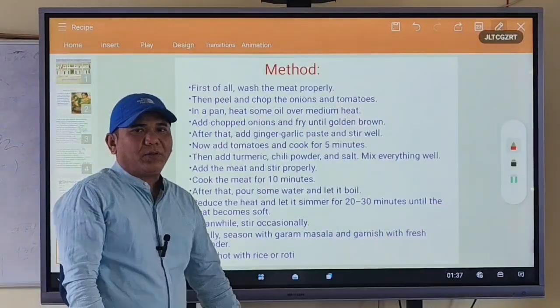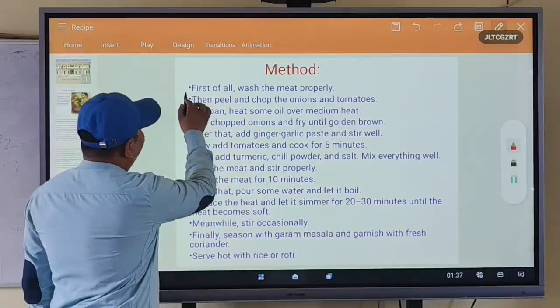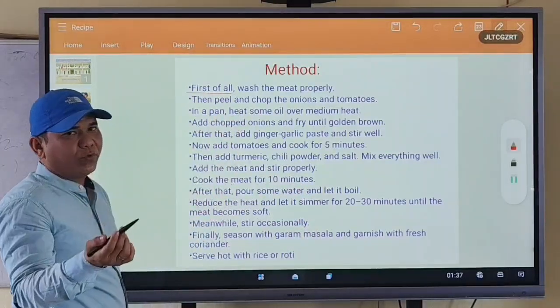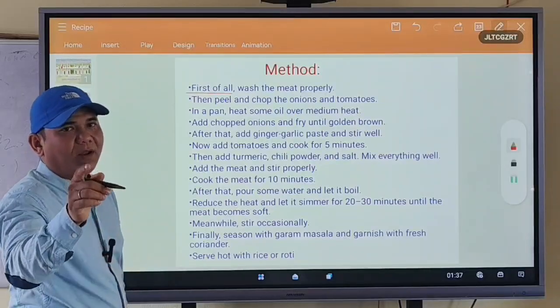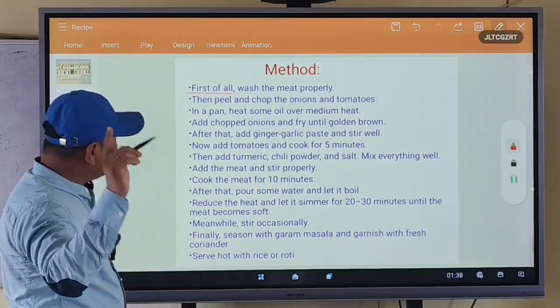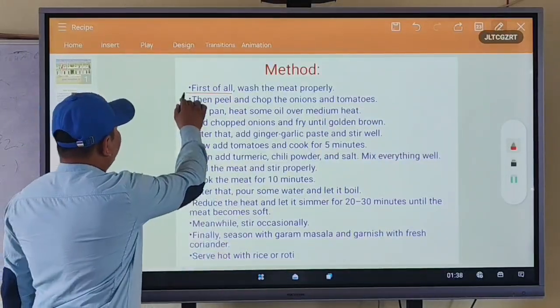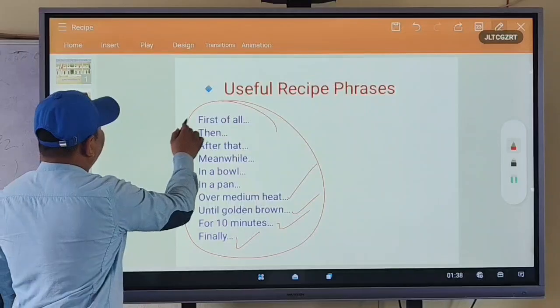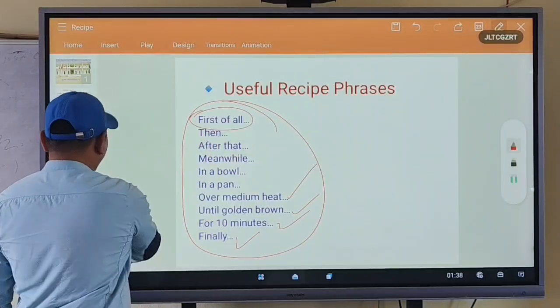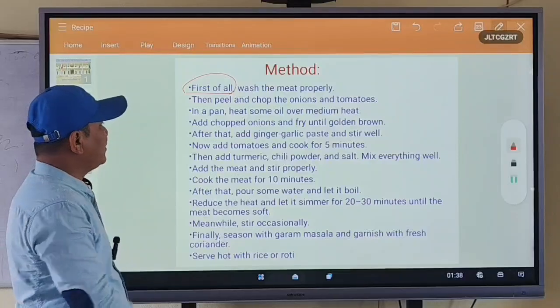Look at this example method. First of all, as I have told you, you have to memorize some phrases and word meanings. Look at this. First of all, wash the meat properly.